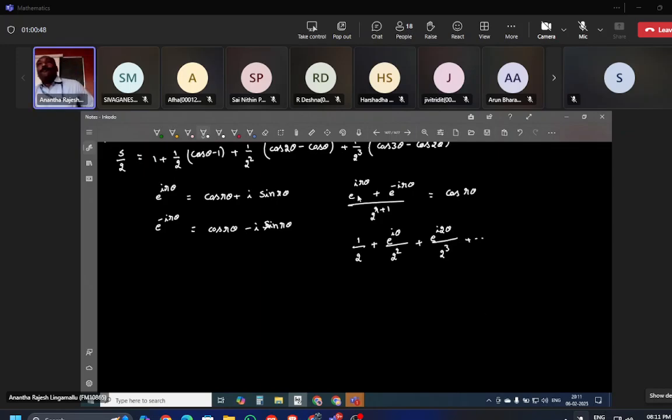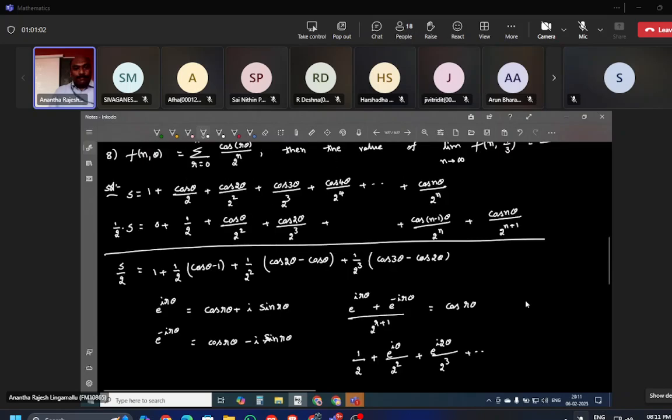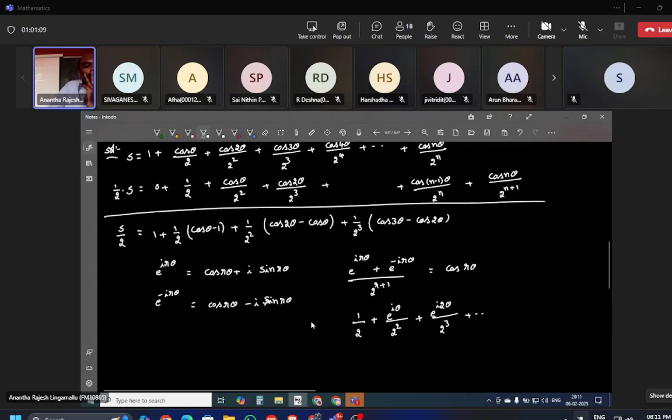First term will be r equal to 0. e power i0 1 by 2 power 1... minus r, and 1 plus 1 by 1 plus 1 by... This one? cos r theta e power i r theta. 1 plus 1 by 2.